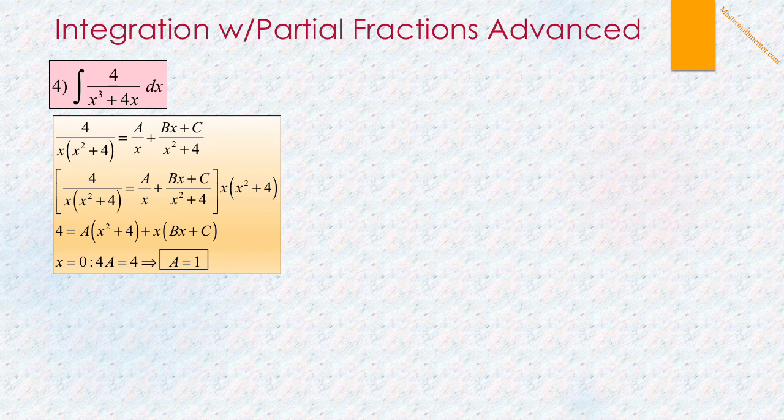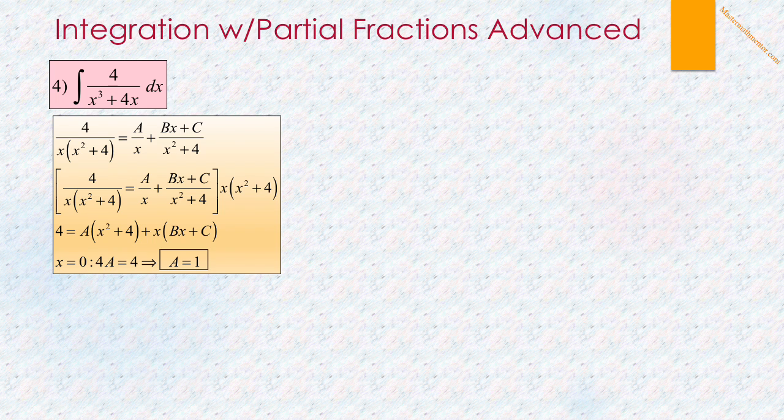Again, our first job is to multiply all terms by x(x² + 4). And when we do that, we get 4 = A(x² + 4) + x(Bx + C).